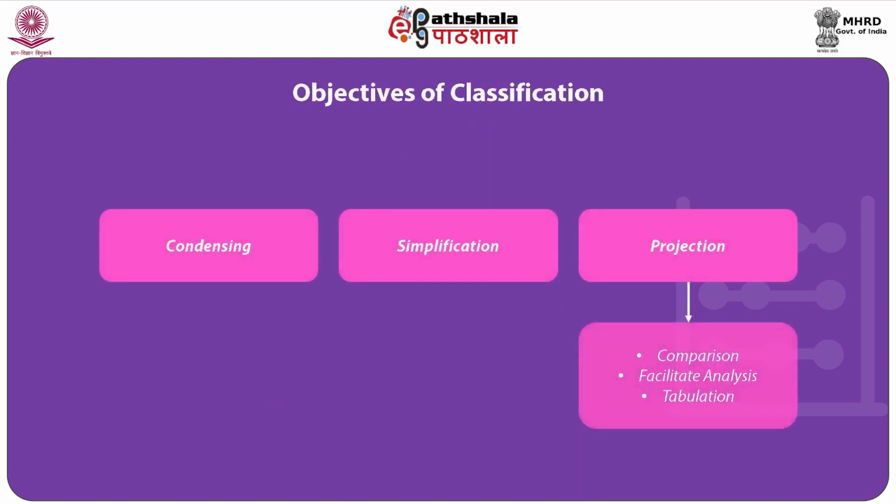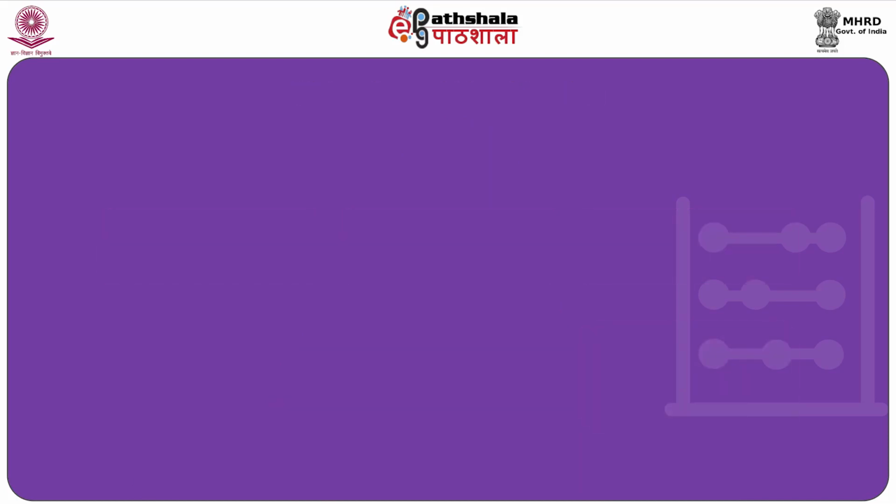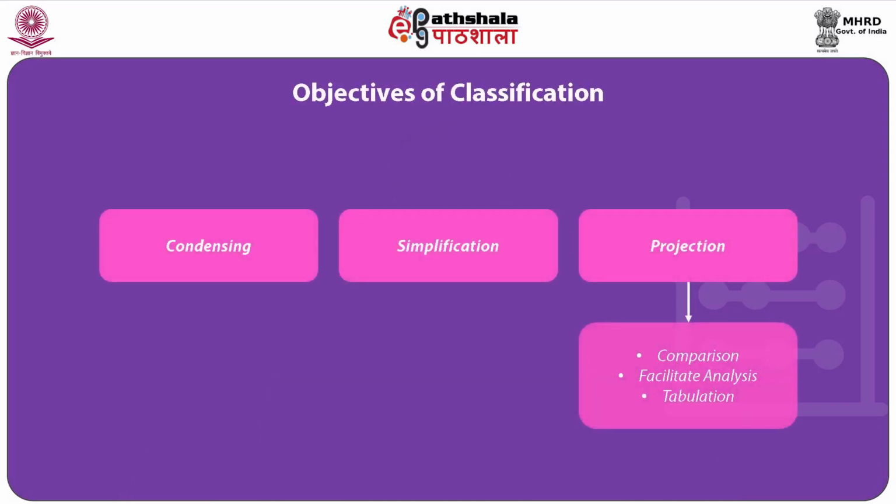The third objective is projection, to project the similarities and dissimilarities existing in the data into a clear format. The fourth objective is comparison, to facilitate comparison of one set of data and its results with another set of data.